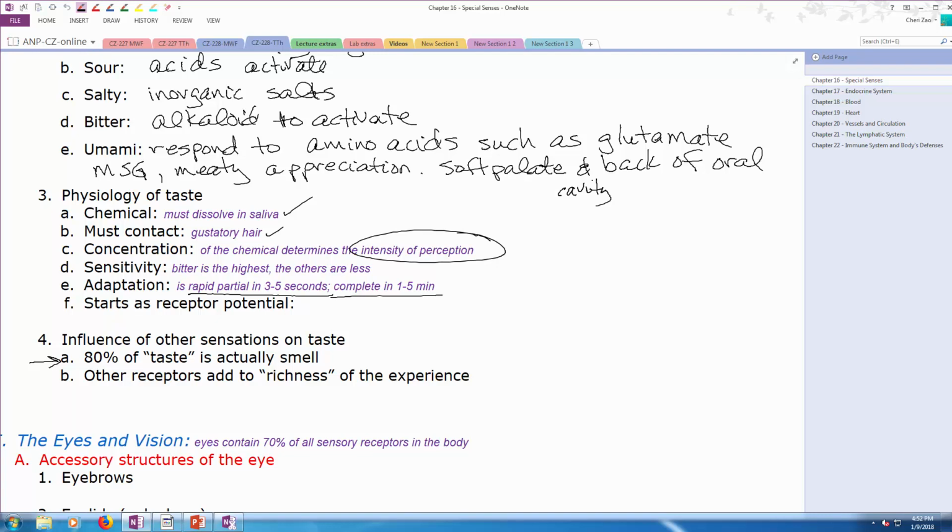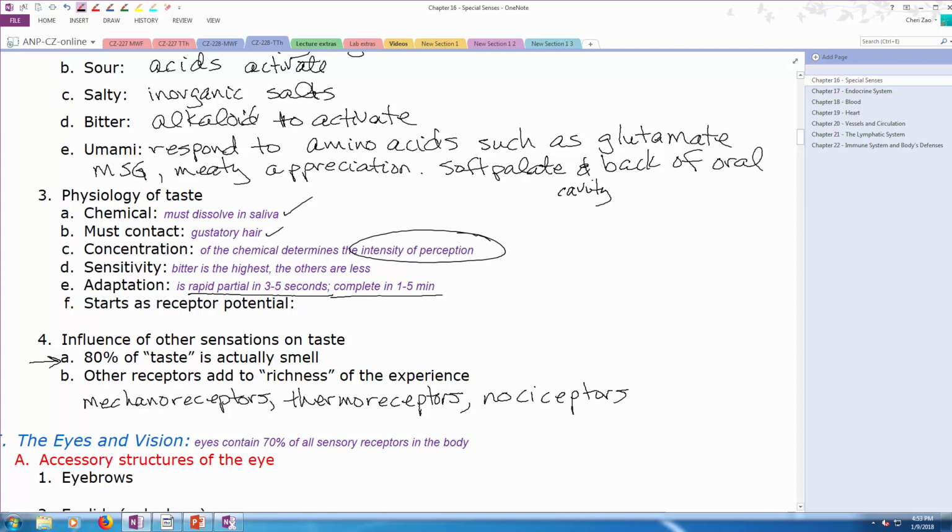So other taste receptors, mechanoreceptors, thermoreceptors, and nociceptors.